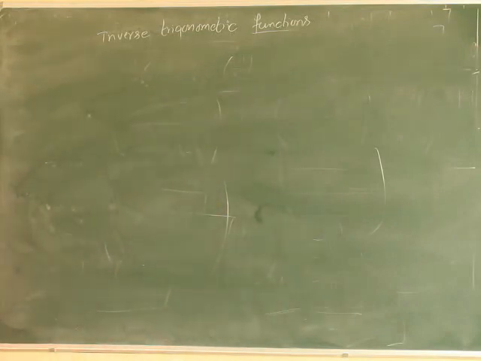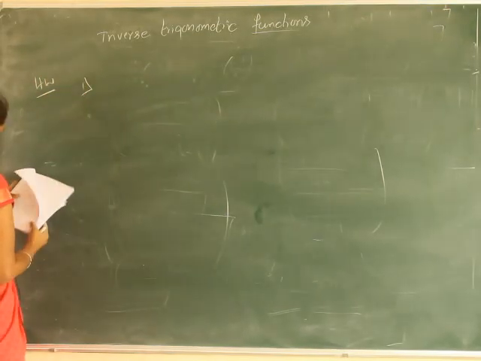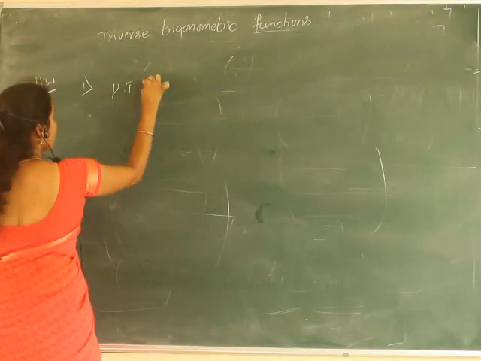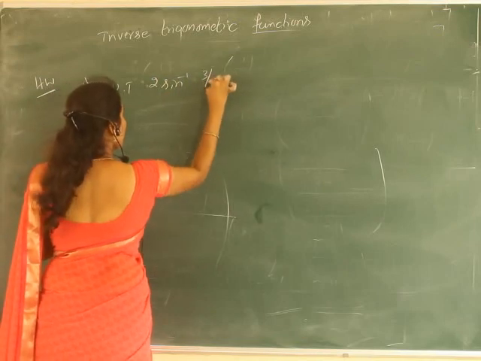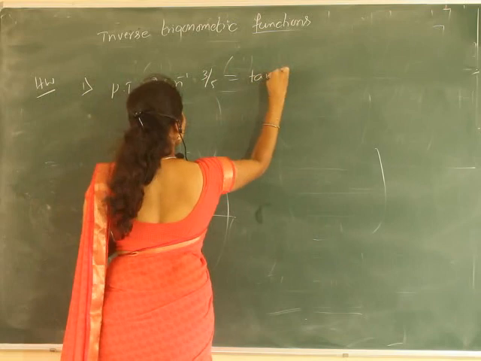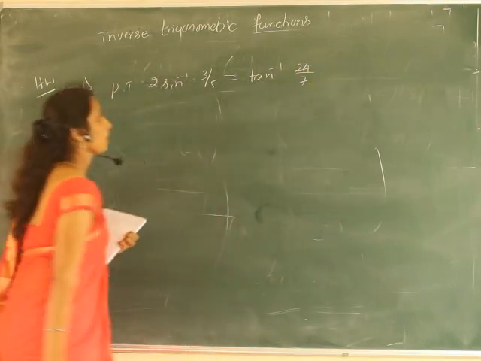Next, some homework problems. First one, prove that 2 sine inverse of 3 by 5 is equal to tan inverse of 24 by 7.